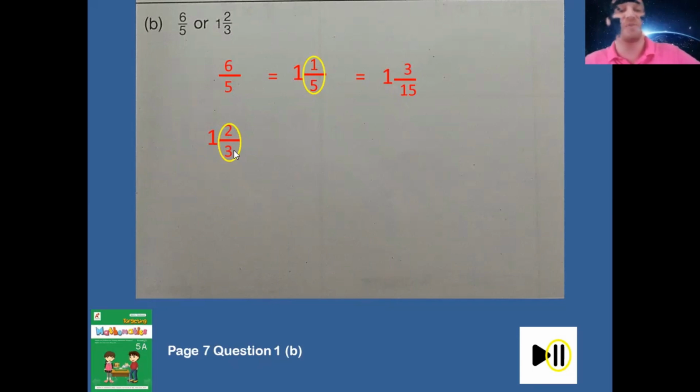How about 1 and 2 over 3? Well, to get a denominator of 15, we would multiply 3 by 5, and then 2 by 5 gives us 10, so 1 and 10 over 15. Now you can clearly see which one is greater or smaller. 6 over 5 is smaller than 1 and 2 over 3, isn't it? Okay, well done.